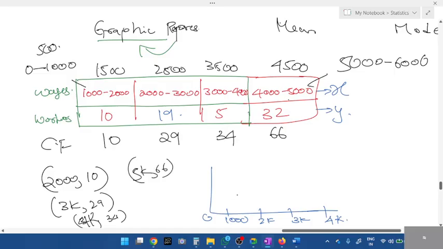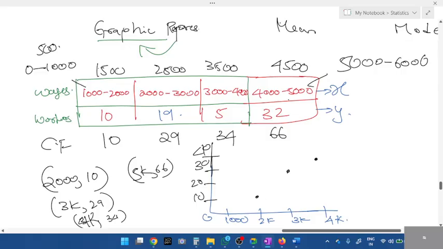Same like frequency polygon. So 2k, 10 mark here. Next 3k we have 29. This is a very simple concept. 3k is 29 and 4k we have 34.